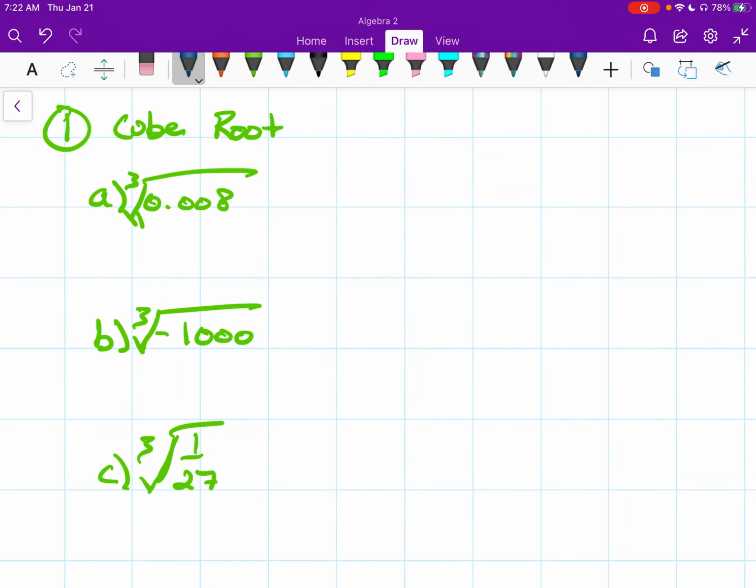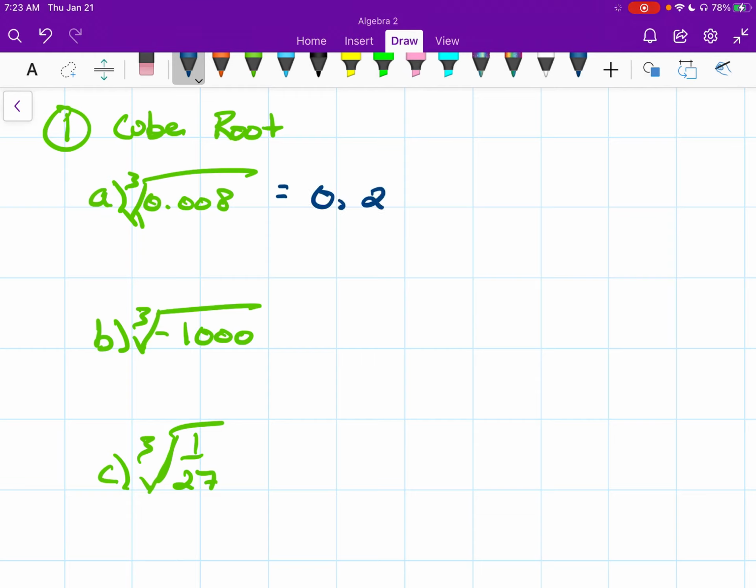All right. You can type these in your calculator, or you can just kind of think them through. To start off, I'm just going to type these in my calculator. So I'm going to type in 3, and on my calculator, I have to do second caret. They're all different though. So if you don't know how to do that, go ahead and look on YouTube to see how to do that. 0.008, that gives me 0.2. Right?